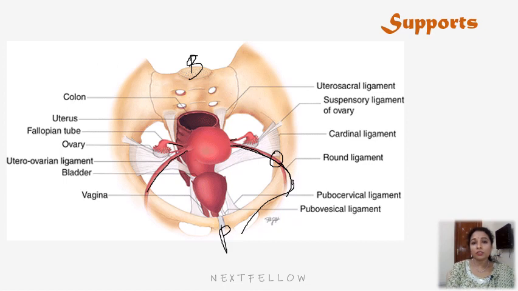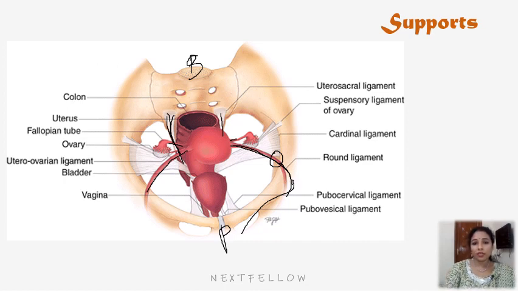Then sacrocervical ligaments extend from the lower end of the sacrum to the cervix. So we can see here these are the uterosacral ligaments, which are otherwise called sacrocervical ligaments, which connect the sacrum to the cervix and the upper part of the vagina.